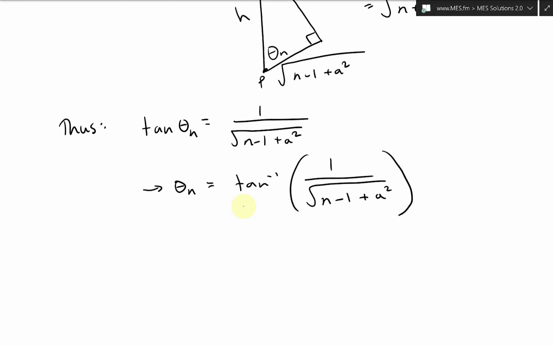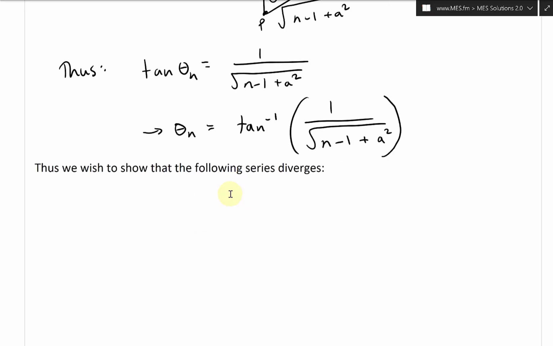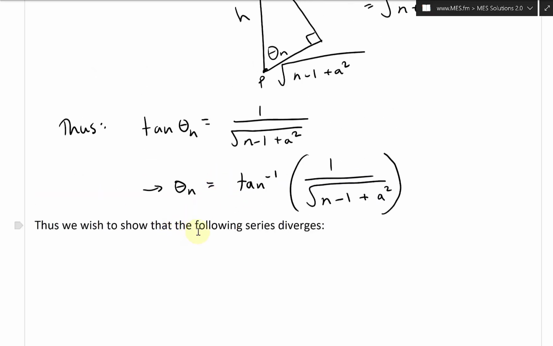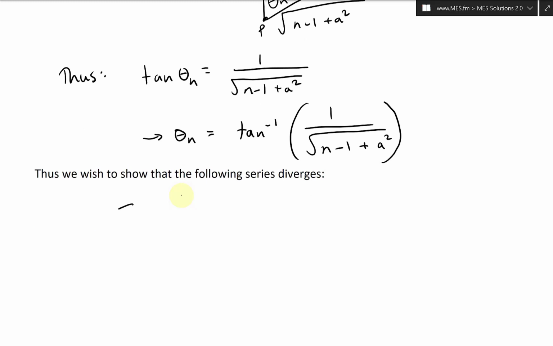Because remember, we want to see the summation as this goes to infinity. So thus we wish to show that the following series diverges, basically the summation of this angle right there. So what we'll write is the summation from n equals 1, because we'll start from the first angle, of theta sub n.